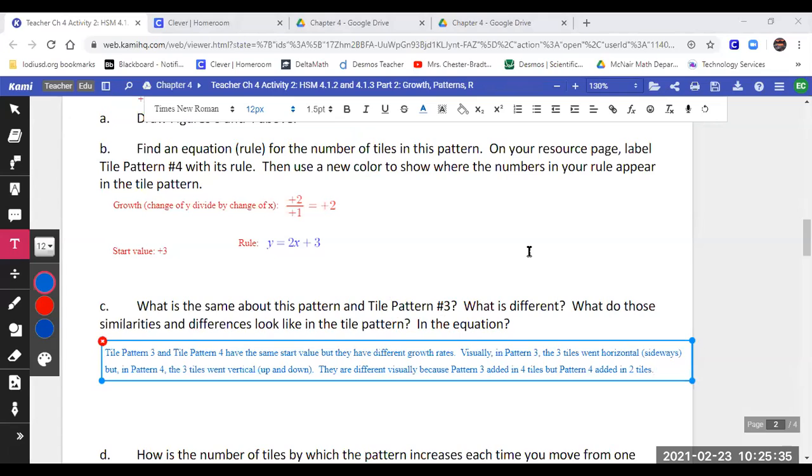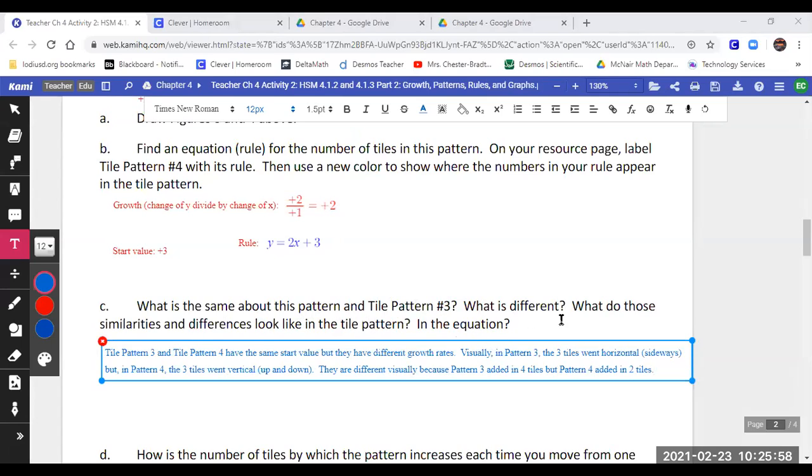It says, what is the same about this pattern and tile pattern 3? They're talking about looking at it. Okay. What do those similarities look like? So we talked about that pattern 3 and pattern 4 had the same start but different growth values. That was what was the same and what was different.